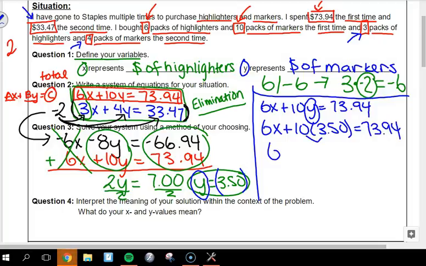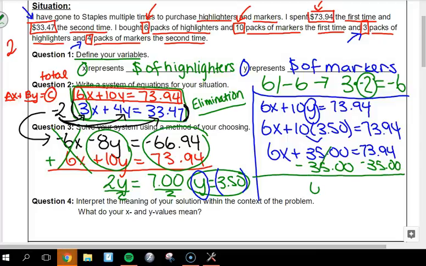Do this multiplication. 10 times $3.50 is $35 equals 73.94. Undo addition with subtraction, so we're going to minus $35 on both sides, and we get 6x equals 38.94. Last step, divide by 6 on both sides, and we get x is equal to $6.49.